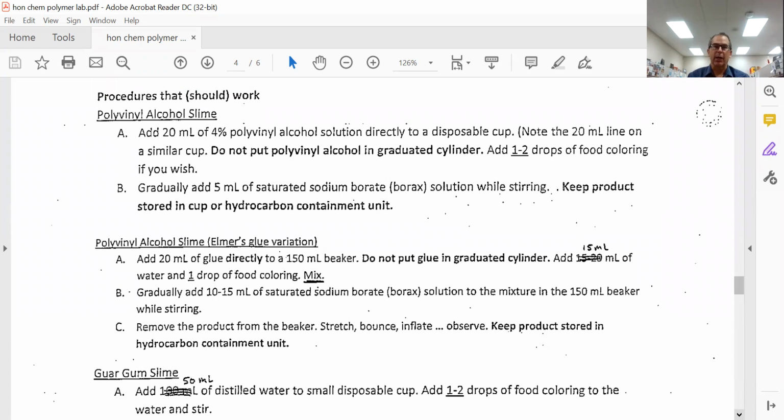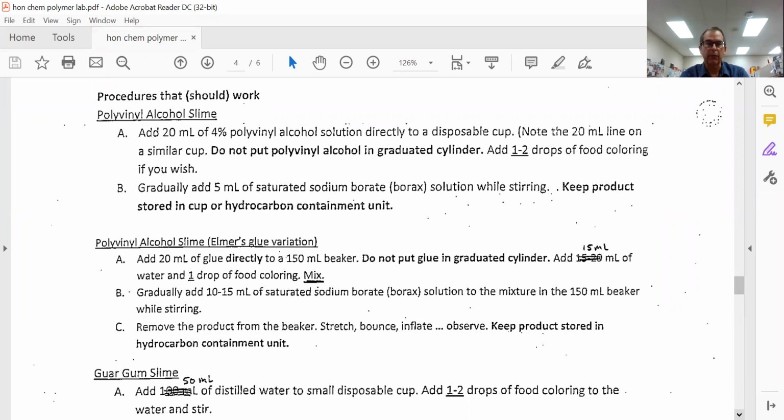But we made 3 different types with slight variations in the ingredients. One was a polyvinyl alcohol slime, the first one, and that's kind of a clear substance. The second one has no food coloring in that one. Is a polyvinyl alcohol slime, which is a similar substance, but it had the Elmer's glue version. So a slightly thicker thing, with a little food coloring in to give it its color.